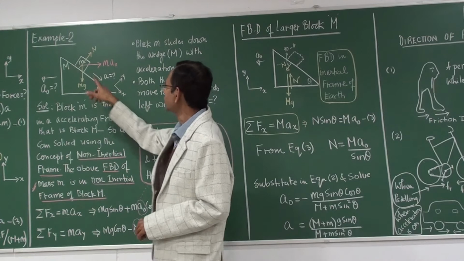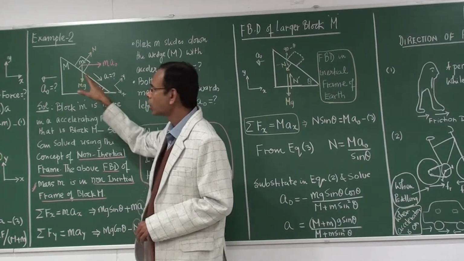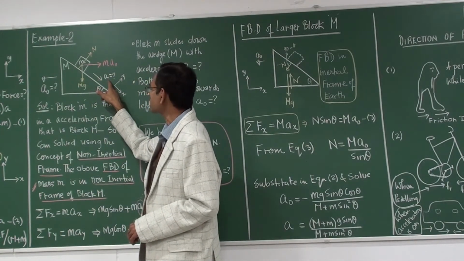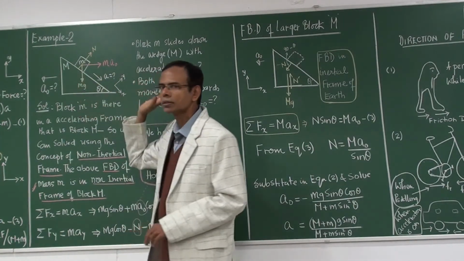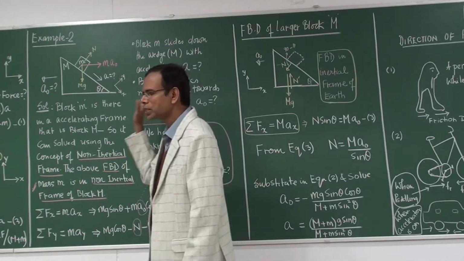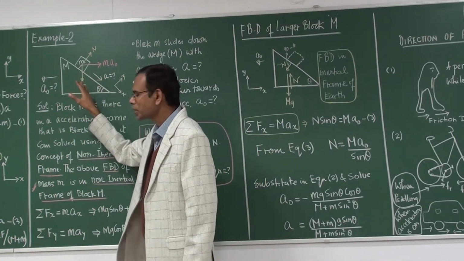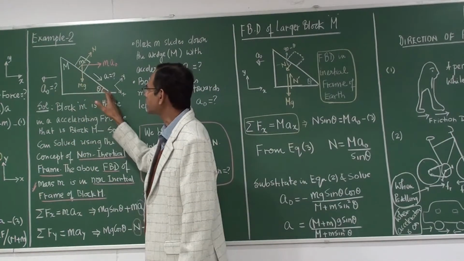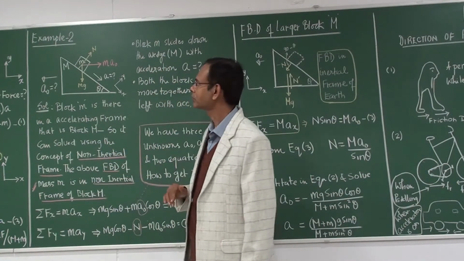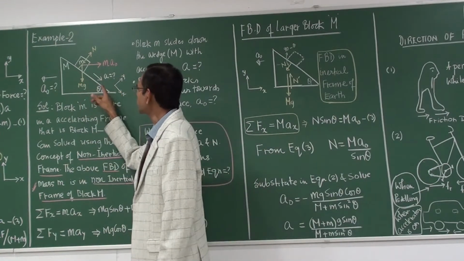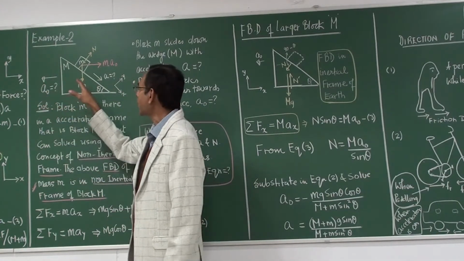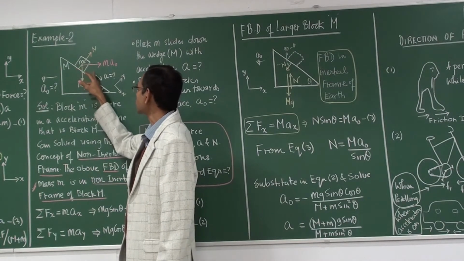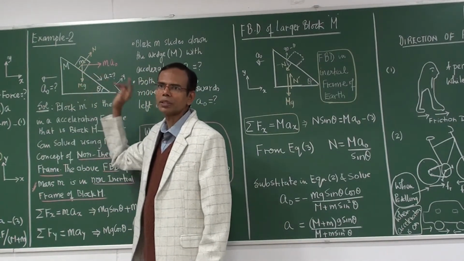Since this block is falling onto this surface and this is moving, and it is asked what is the acceleration a with respect to this wedge, it is easier if I can solve it using a non-inertial frame. So here this wedge is moving with an acceleration a0, and from that wedge I have to see the acceleration of this block with respect to this accelerating wedge.